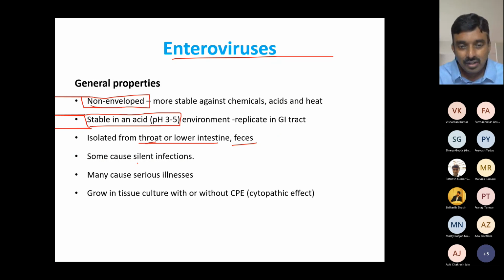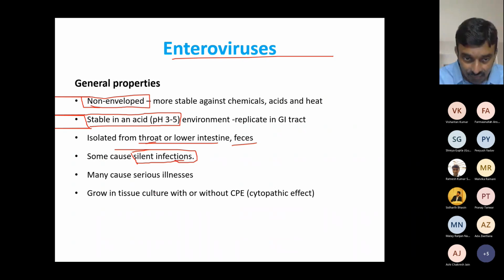Sometimes polioviruses or enteroviruses can cause what is referred to as silent infections. Now, by silent infections, what do we mean? They are mildly symptomatic or asymptomatic, so that you won't even be able to recognize any specific symptom. So they just pass off sometimes without the infected person even knowing that they got poliovirus.